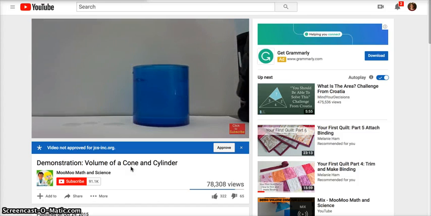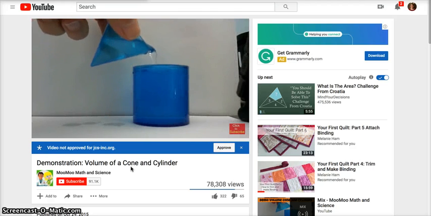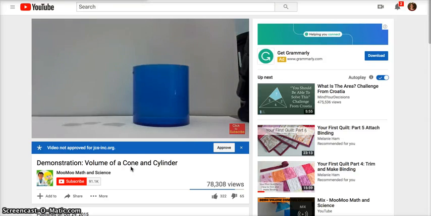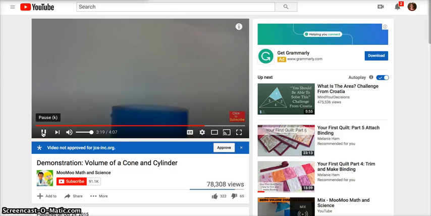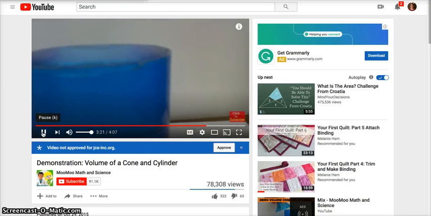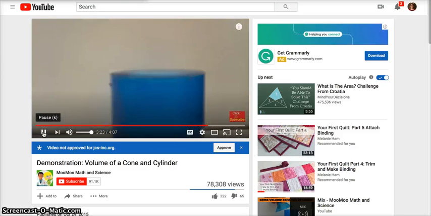And finally, the last cone, and it should fill up to the very top. And here we go. Number 3. 1, 2, and 3. And as you can tell, it is absolutely at the very top. If you look at this very closely, you can see that it's at the very top.